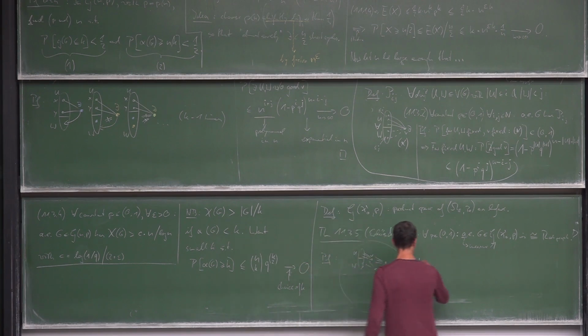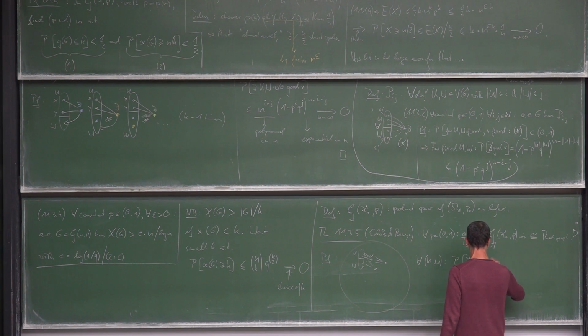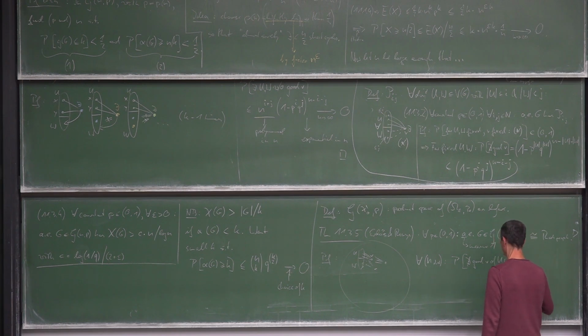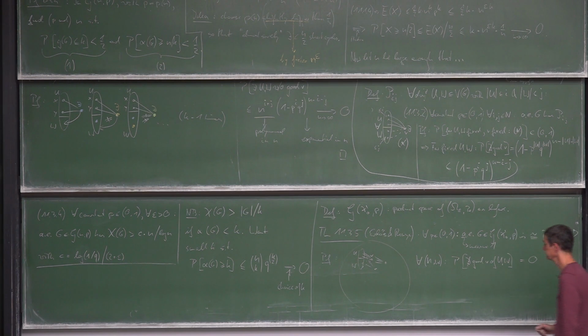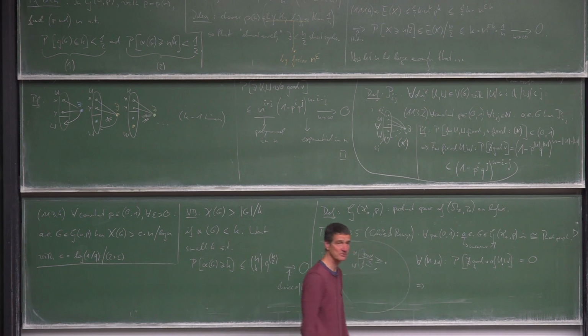So for every UW, the probability there's no good v for UW is 0. And so how many u's and w's do we have to cater for? Only countably many.